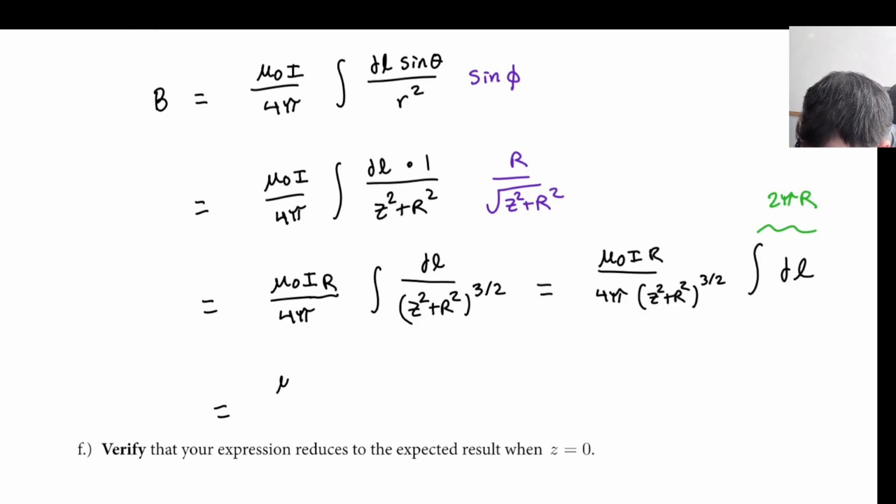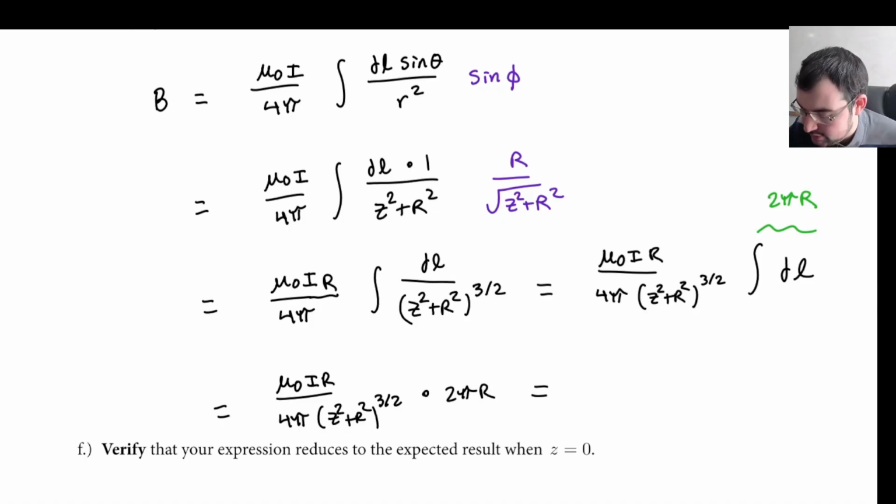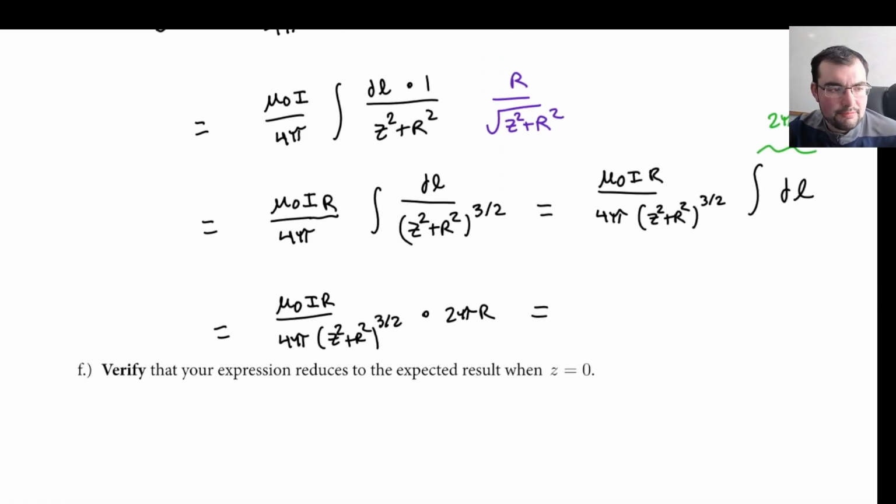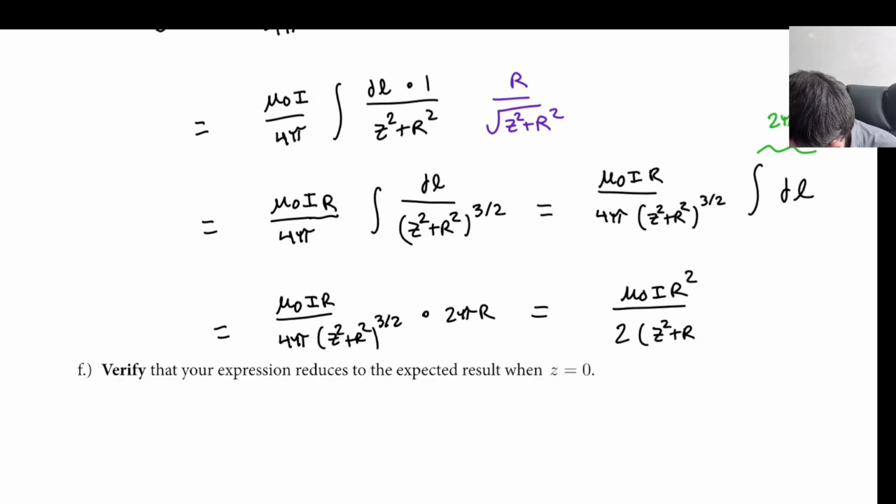So we get mu naught IR over 4 pi times z squared plus r squared to the 3/2 times 2 pi r. The 2 pi is going to partially cancel the denominator, and I get an extra r. So I get mu naught I R squared divided by 2 times the quantity z squared plus r squared to the 3/2.